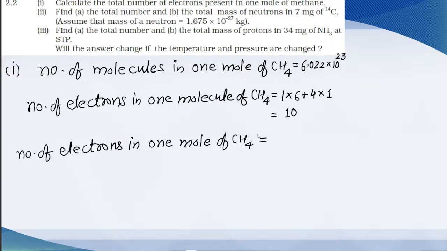So see, the total number of molecules of methane in 1 mole is 6.022 into 10 raised to 23, and the number of electrons in 1 molecule is 10. One molecule has 10 electrons, so 1 mole of molecules is equal to 6.022 into 10 raised to power 24. Okay?